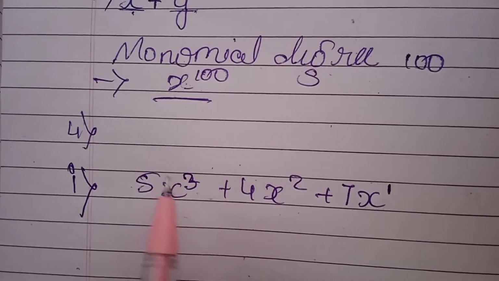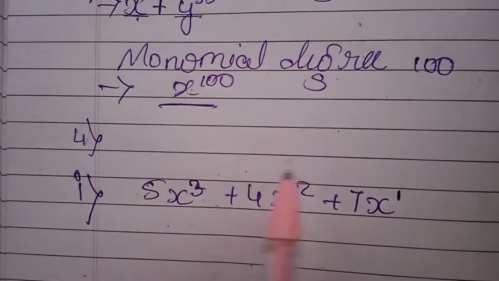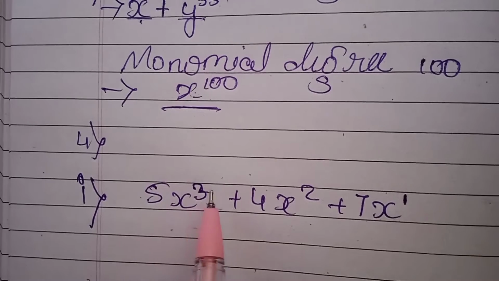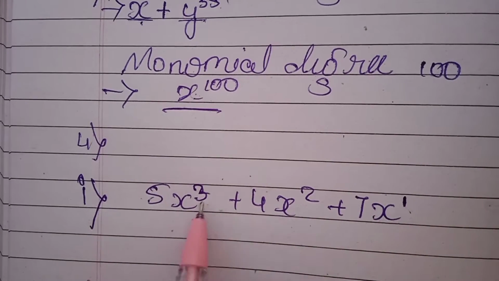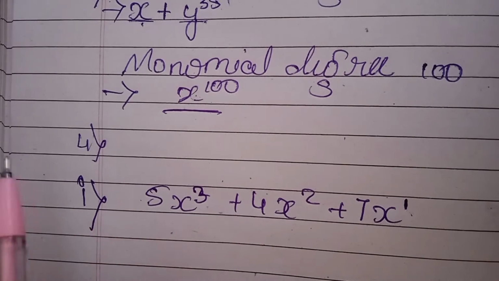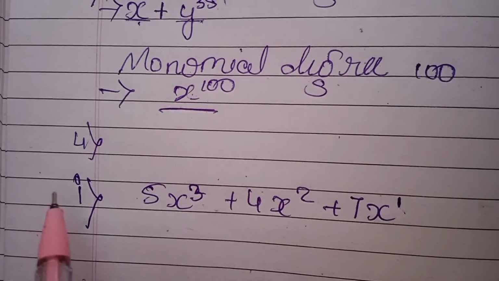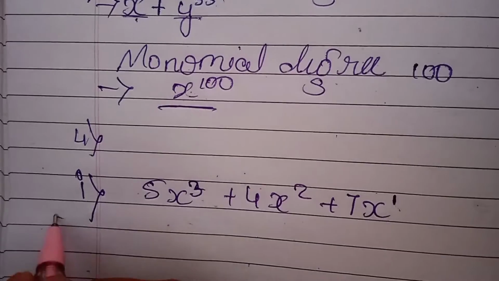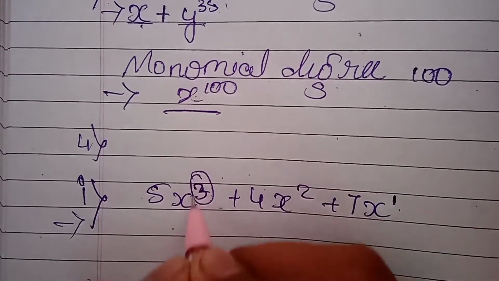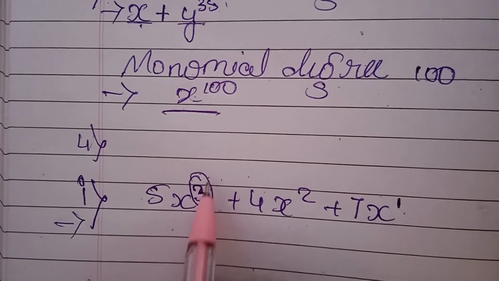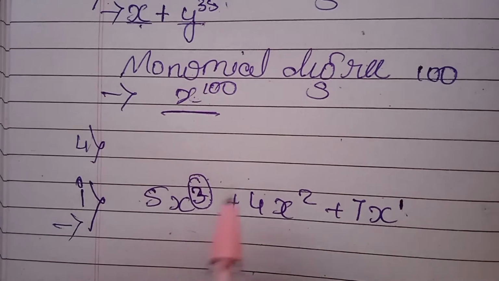Okay friends, see this expression carefully. Friends, there are 3 different degrees, 1, 2 and 3, and they said only degree, not degrees, so we should write the highest degree of the expression. Keep it in your mind friends.